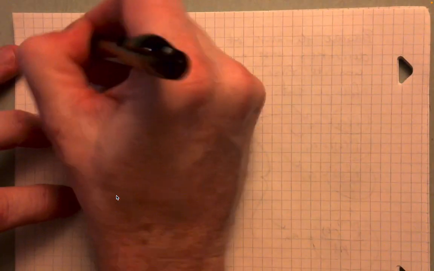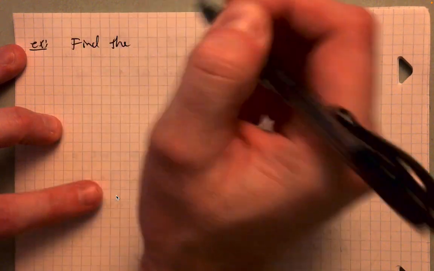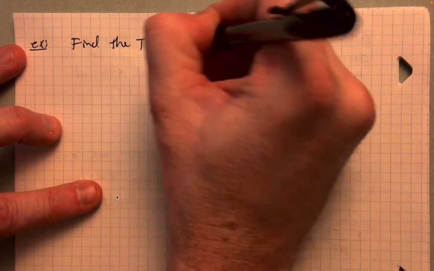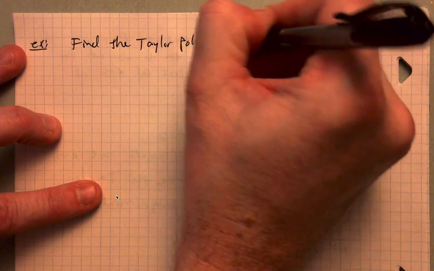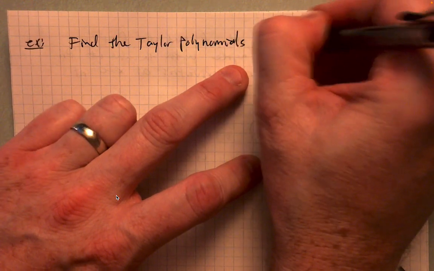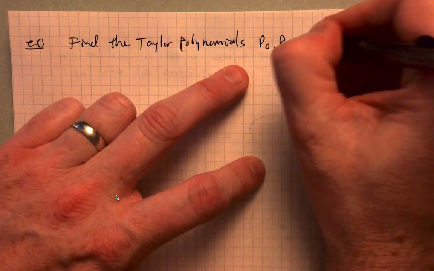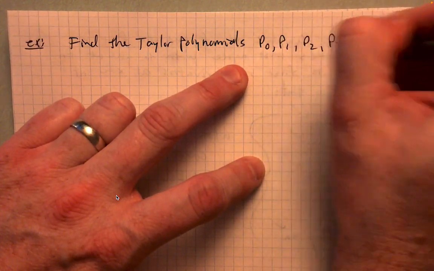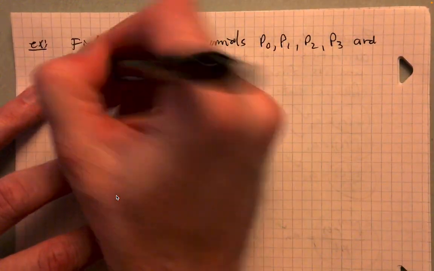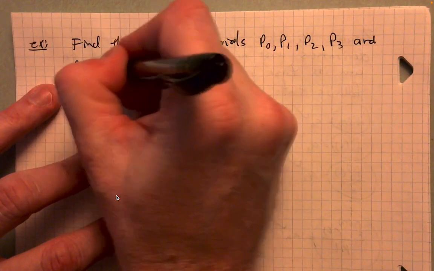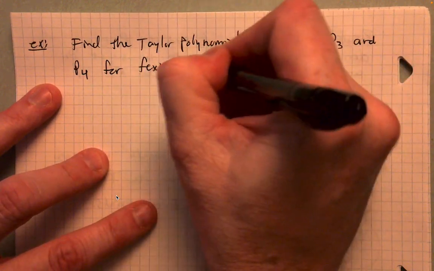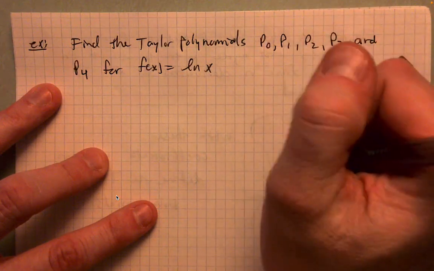Let's find the Taylor polynomials, a couple of them, P0, P1, P2, P3, and P4, for a different function, f of x equals the natural log of x, centered at 1.